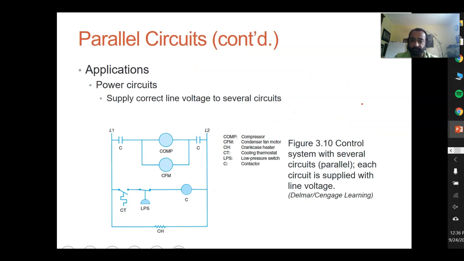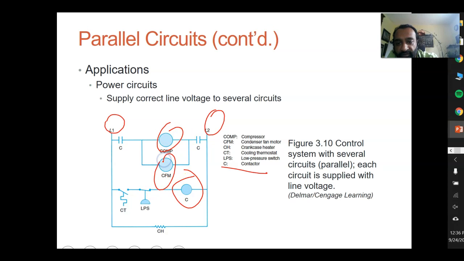So parallel circuit, this is simple AC schematics, and if you look here, we start from the line voltage, line 1 and line 2, and if we look in here, we see this is the contactor, compressor and fan, and they are connected in parallel because the current is divided to each one of them, and it goes back to the contactor here, and we have safety switches and control switches connected in series with this contactor, which connects to here and here.